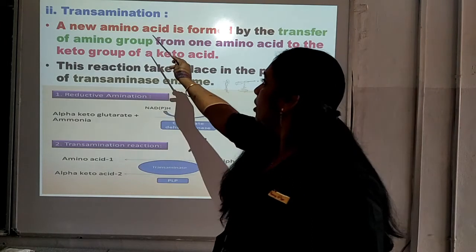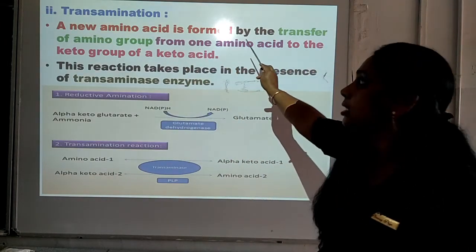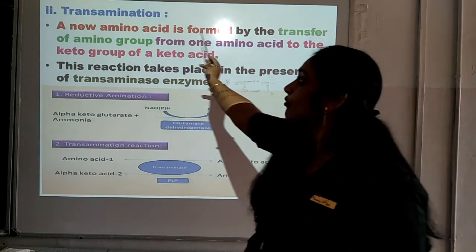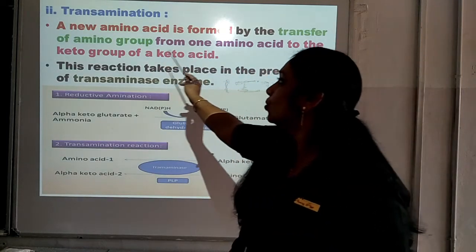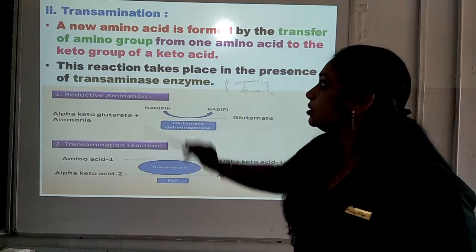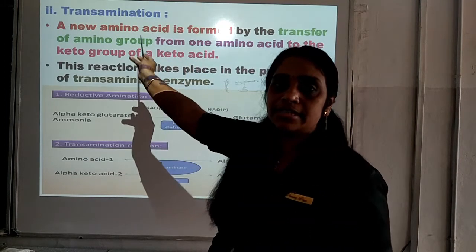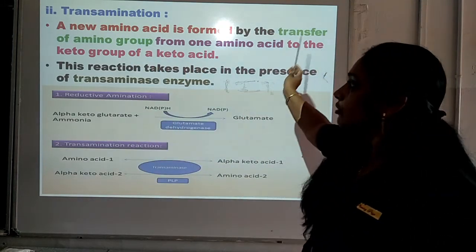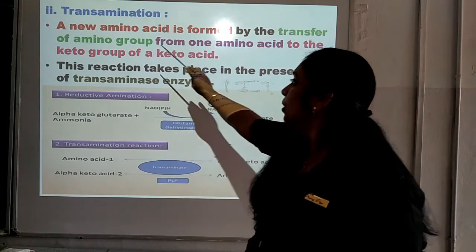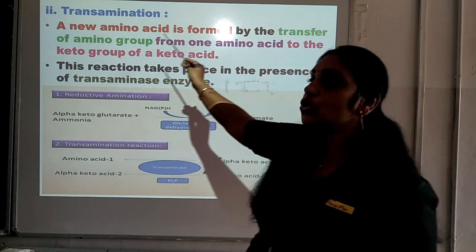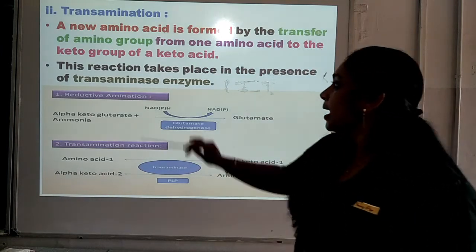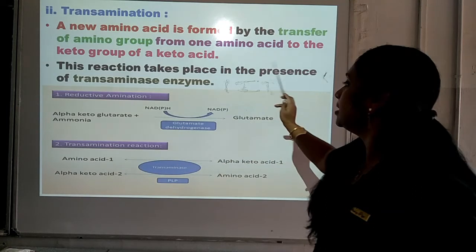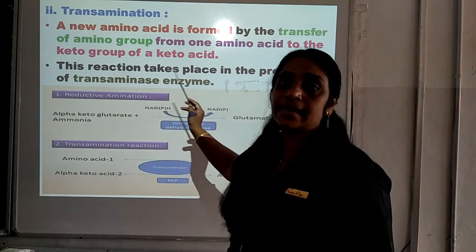A new amino acid is formed by the transfer of an amino group from one amino acid to the keto group of a keto acid. From the name transaminase itself we can say transfer of an amino group to the keto group is taking place, that is transamination, and this reaction takes place in the presence of the transaminase enzyme.